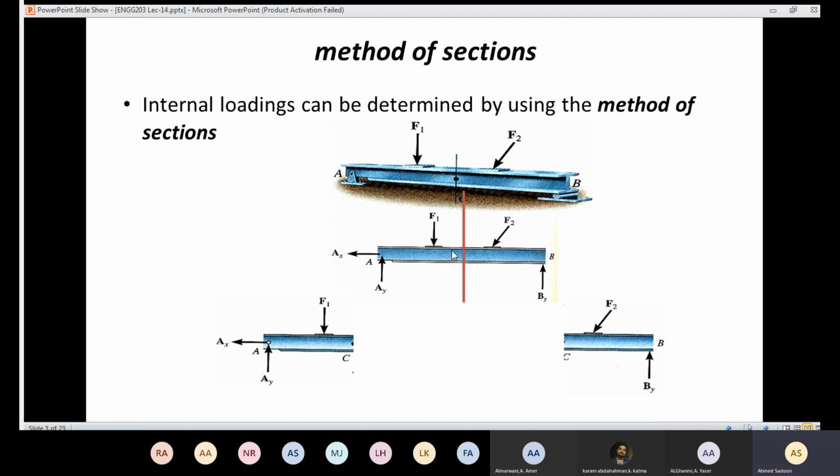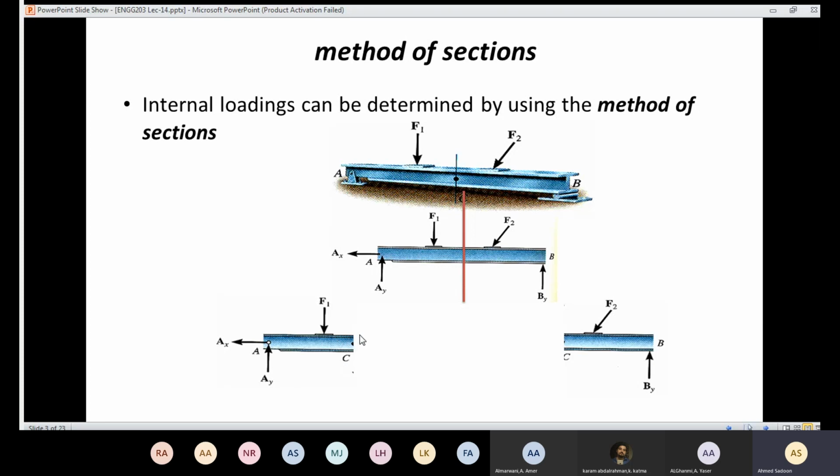Then, if you cut the section here, this part is going to go down or go up or is going to move. So in order to know the internal forces there, I need to prevent the translation in X and in Y. Also, I need to prevent the rotation so that this part is going to be in equilibrium.